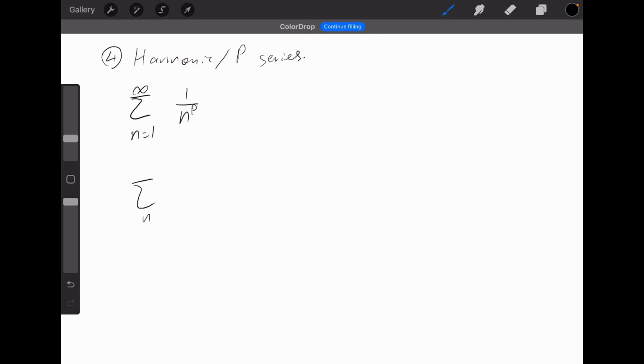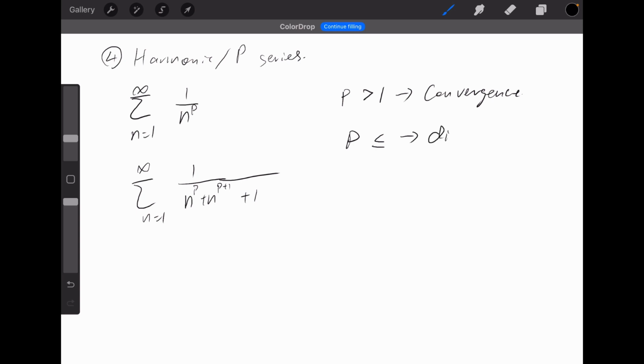Or you can have a polynomial as the denominator, for example n to the p plus n to the p minus 1 plus 1. In this case, if p is greater than 1, then it means convergence. If p is smaller than or equal to 1, then the series diverges. So the p is the exponent.